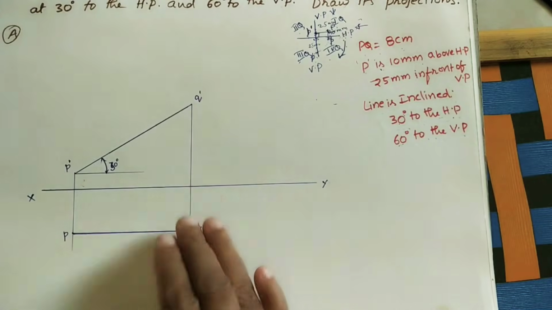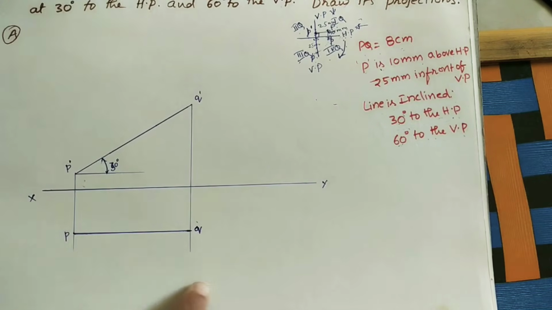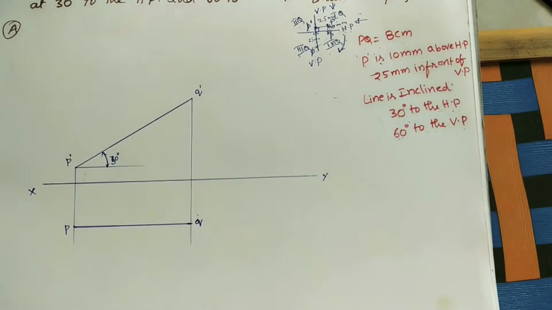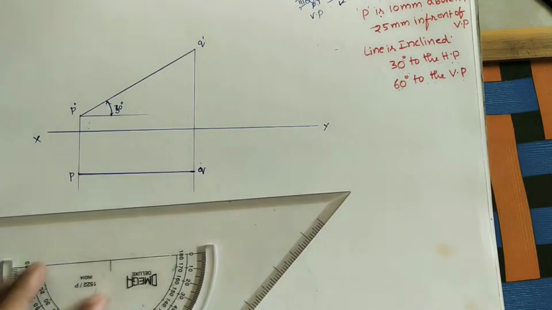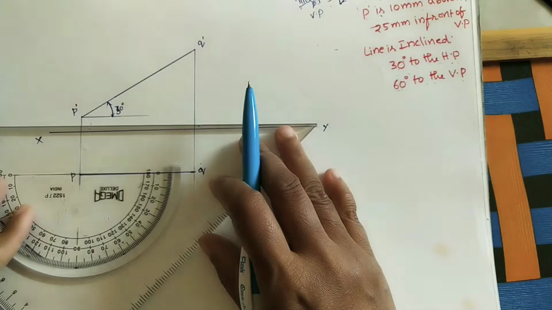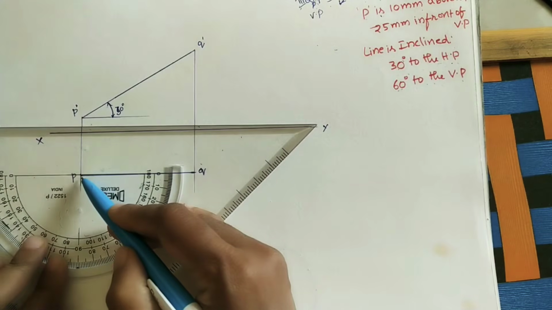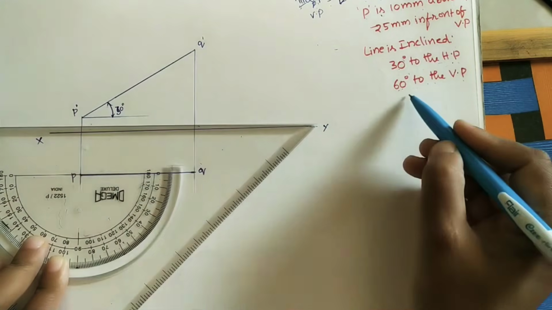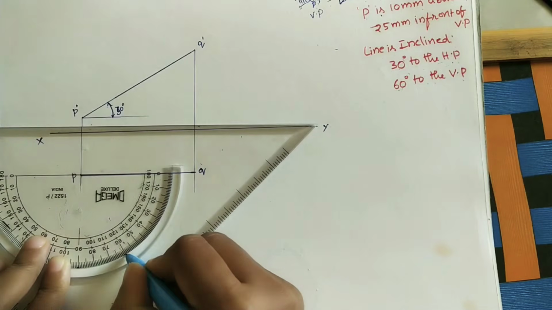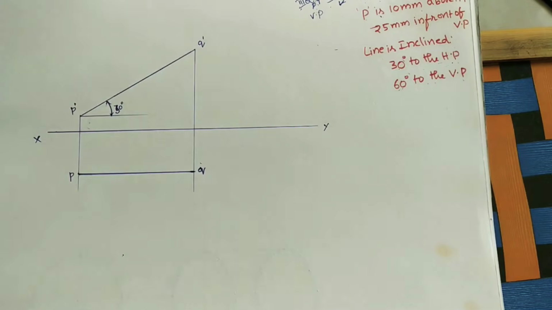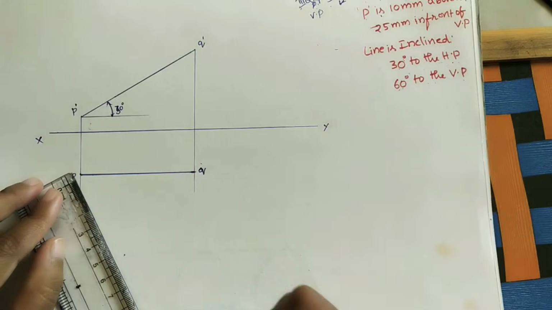Top view means below XY. And here draw one line at 60 degrees at the point P. Small p is the top view of the PQ line. So how much angle? 60 degrees. Take 8 centimeter in this direction.